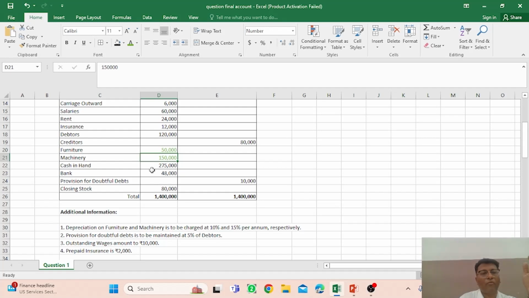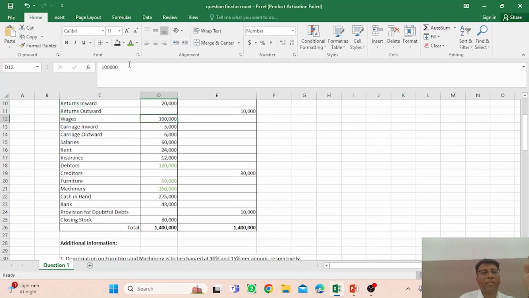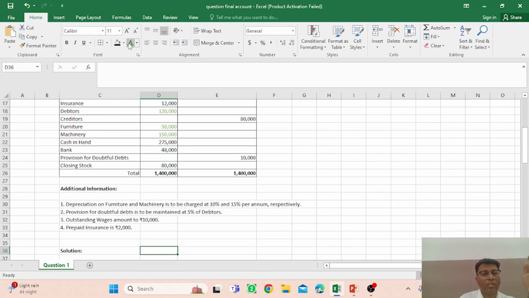And provision for doubtful debts, it means it is related to debtors. So debtors, there is an adjustment. And outstanding wages, wages is given to you, right? So there is an adjustment. And any other adjustment you have to watch. Yes, prepaid insurance, so insurance will have an adjustment.